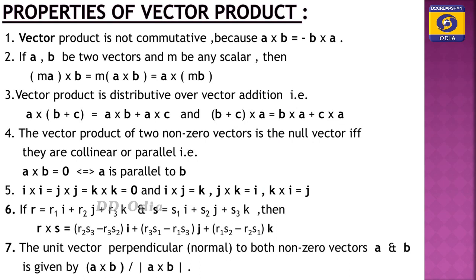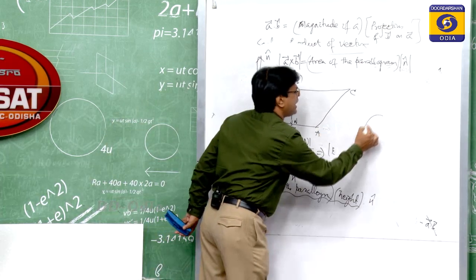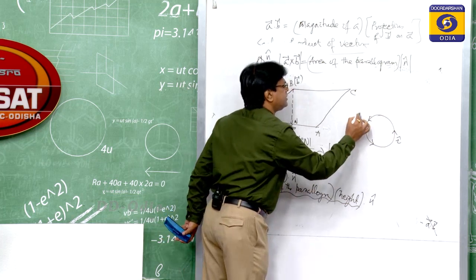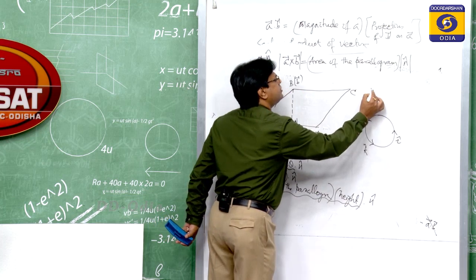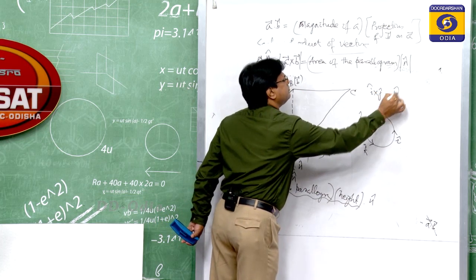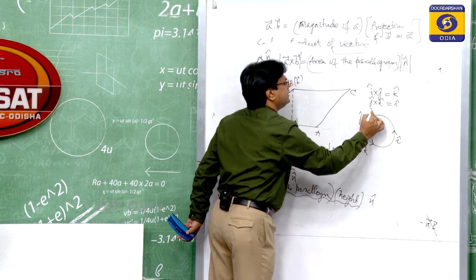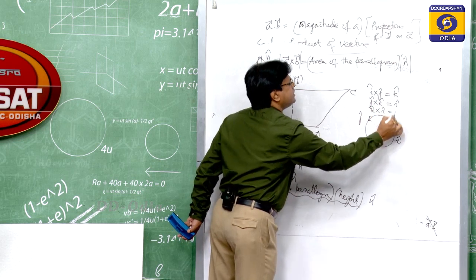Then come to the properties of vector product. Vector product is not commutative, because A cross B is not equal to B cross A; it is equal to minus of B cross A. Using the right hand thumb rule, which you already know, suppose this is your unit vector i, this is j, this is k. i cross j is equal to k, j cross k is equal to i, k cross i is equal to j.